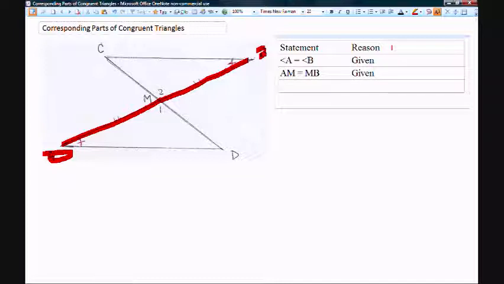Now, if you notice, you have two vertical angles. You have angle 1 and angle 2. If you remember, the postulate about vertical angles is that vertical angles are congruent. So you can say that angle 1 is congruent to angle 2 because they're vertical angles.